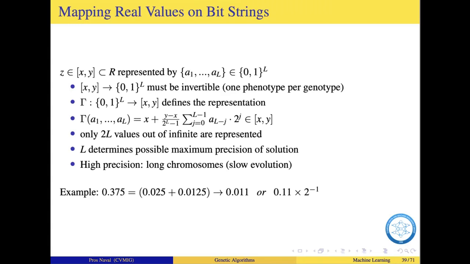Now let's talk about mapping real values on bit strings. So we know that any value z between x and y can be represented by L bits. Okay, a bit string of L elements, where each of these bits can assume a value of 0 or 1.